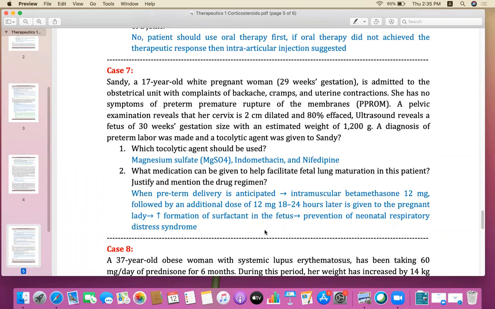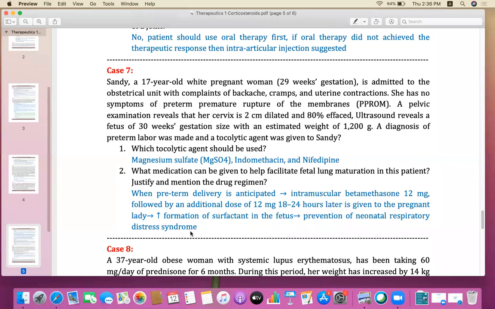So when preterm delivery is anticipated, intramuscular betamethasone 12 milligram followed by an additional dose of 12 milligram 18 to 24 hours later is given to the pregnant lady. What happens? It will increase the formation of surfactant in the fetus lungs, and it will prevent the neonatal respiratory distress syndrome.